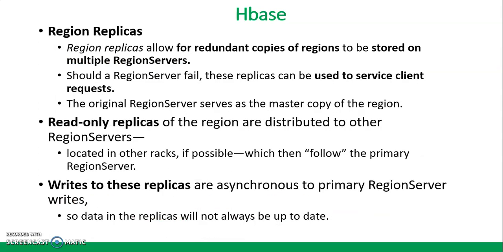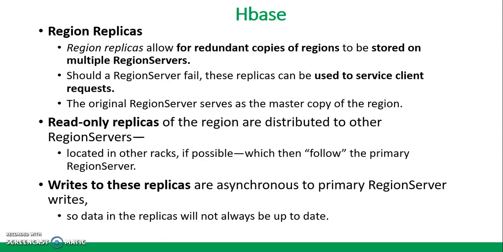Region replicas. Region replicas allow for redundant copies of regions to be stored on multiple region servers. Should a region server fail, these replicas can be used to service client requests. The original region server serves as the master copy of the region.